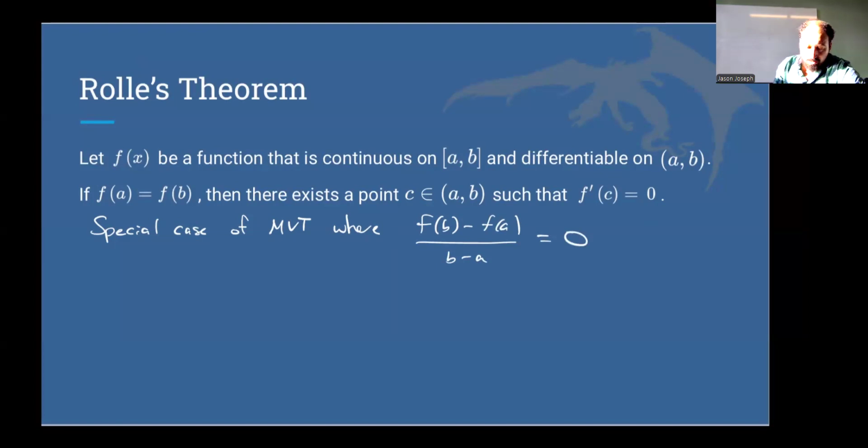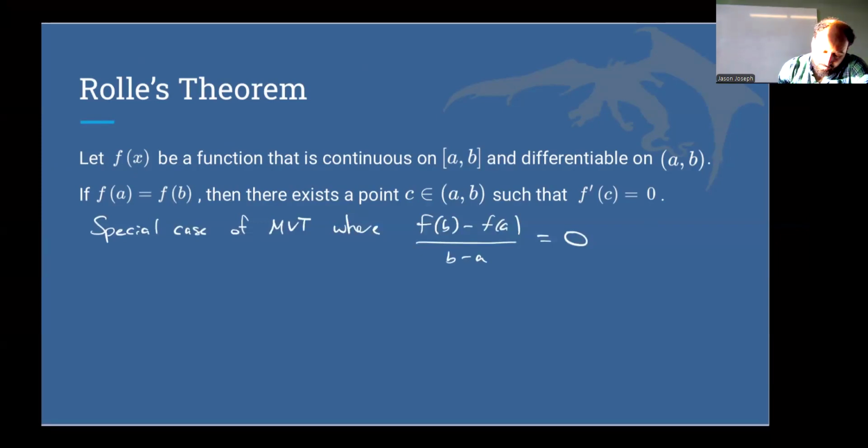So you might wonder, why do we have a special name for it? And the reason is that this is actually how you prove the mean value theorem. You first prove Rolle's theorem, and then the mean value theorem is Rolle's theorem sideways.